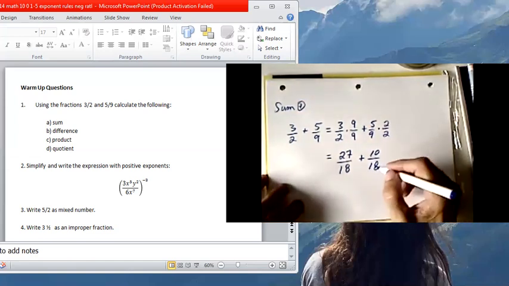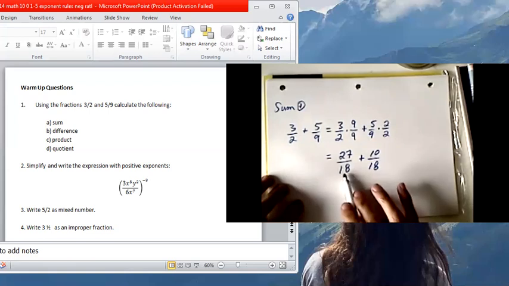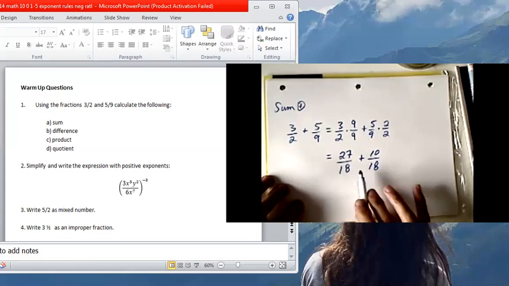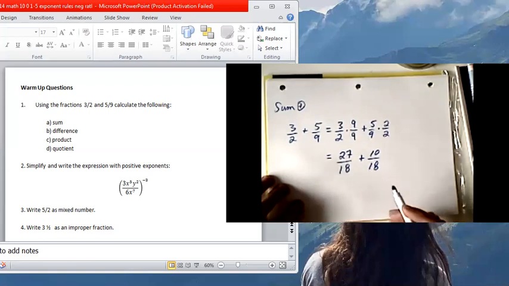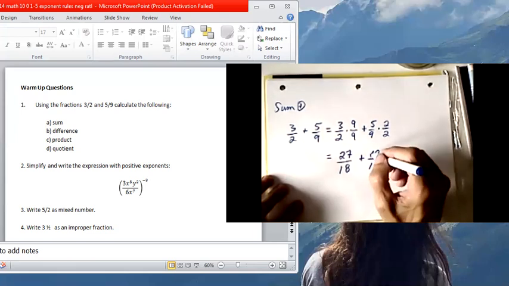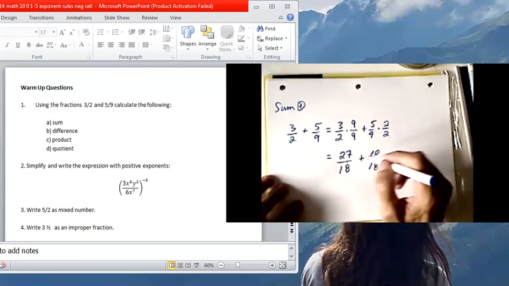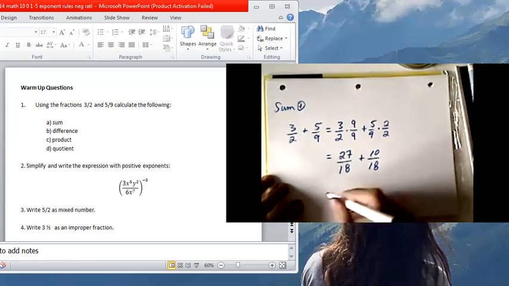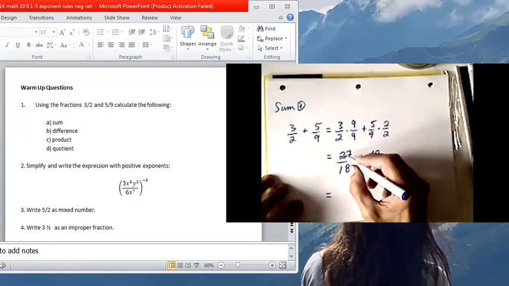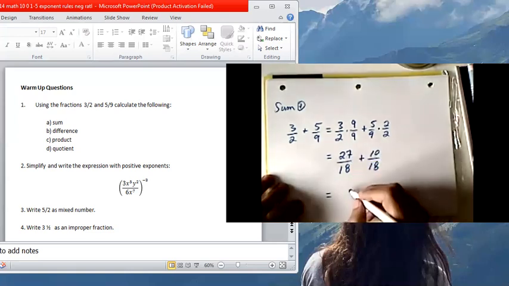And now the key is, because the bottoms are now the same, you are allowed, you are able to add the tops together. Okay, so adding the tops together, 27 plus 10, that gives 37.